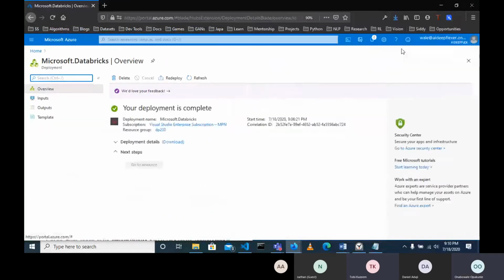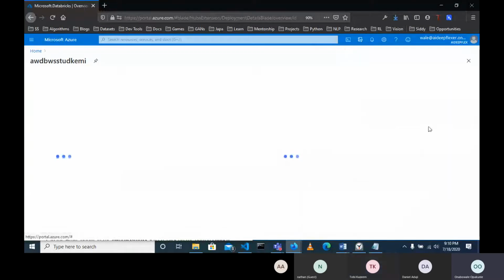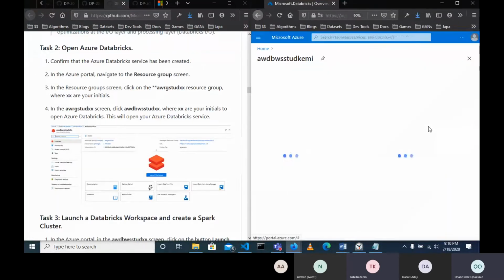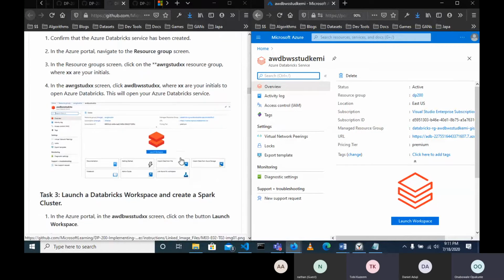Let's deploy. Let's go to the resource. All right, so I've taken a shortcut. We've gotten to the resource already.